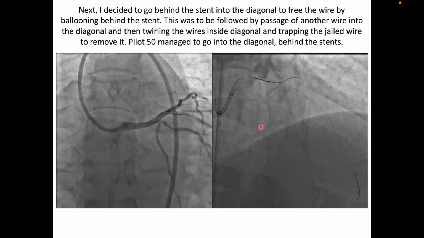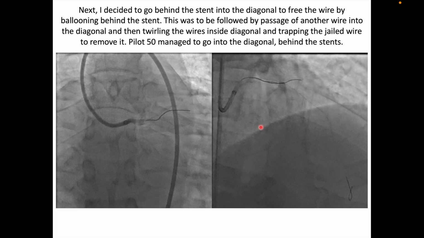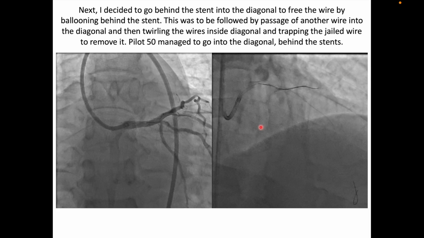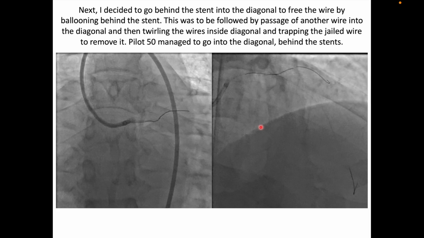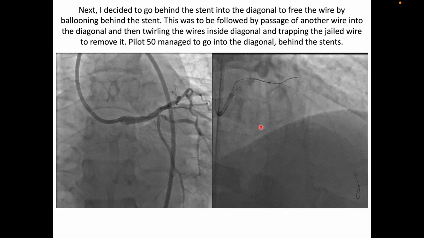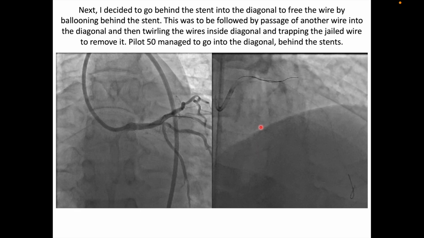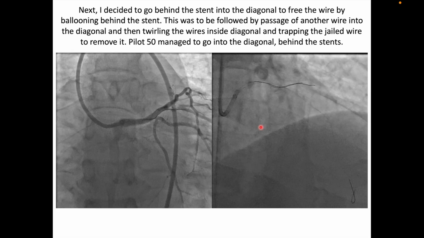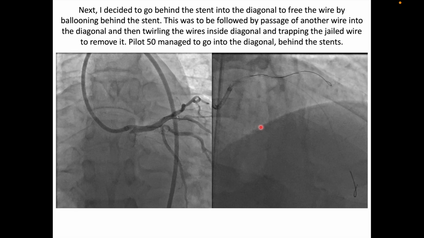And then we will take another two wires behind this stent strut with the space made through the balloon into this diagonal, and then we will twirl this jailed wire between these two wires, and then pull the three wires together and bring this into the guide liner. So that was the idea.